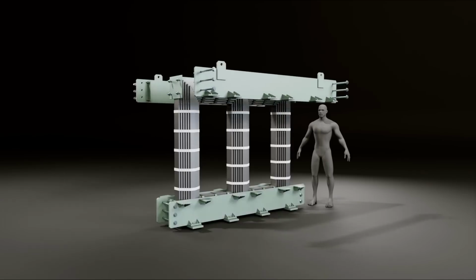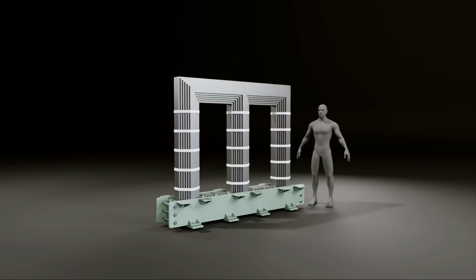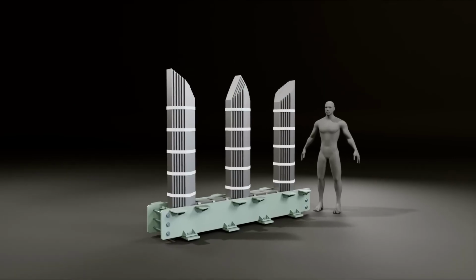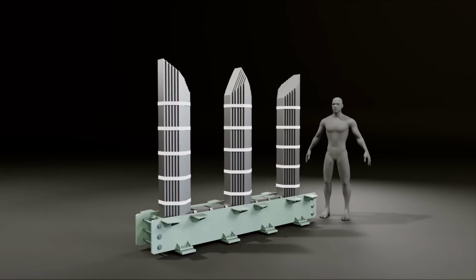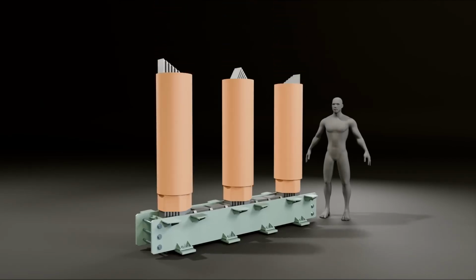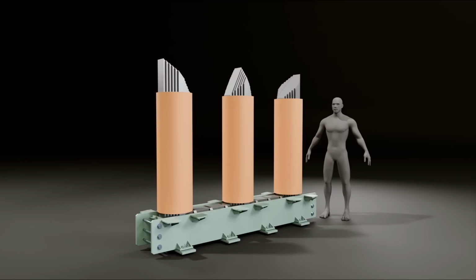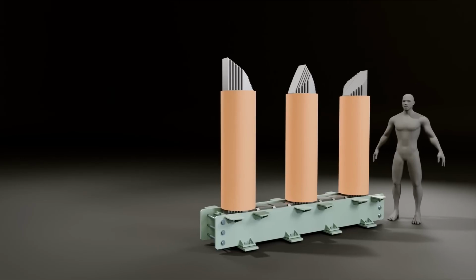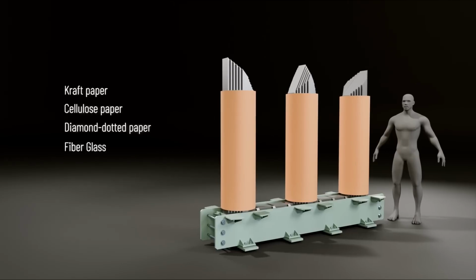Let's now focus on how the windings are placed on a power transformer's core. First, an insulation sheet and an insulation cylinder are placed to insulate the windings from the core and protect them from damage caused by the core's sharp edges. This cylinder is made from electrical insulation materials.